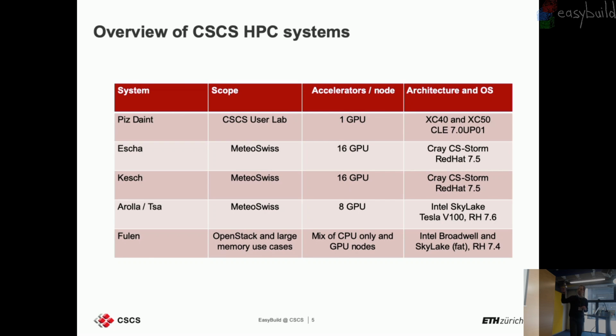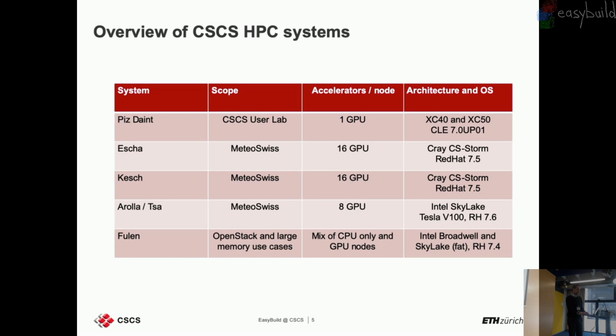Then we have the current MeteoSwiss systems in production, called Escha and Kesch, our Cray CS Storm architecture, recently updated to Red Hat 7.5, with 16 GPUs, the Kepler K80, per node.